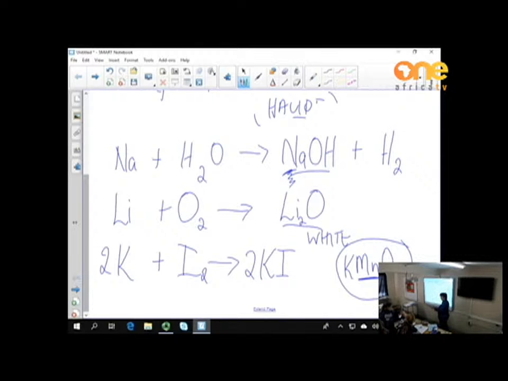So they wrap a piece of sodium in a piece of metal wire and put it into the water, and then you can see bubbles forming. And those bubbles are hydrogen gas, because we said when they react with water, they form hydrogen gas.